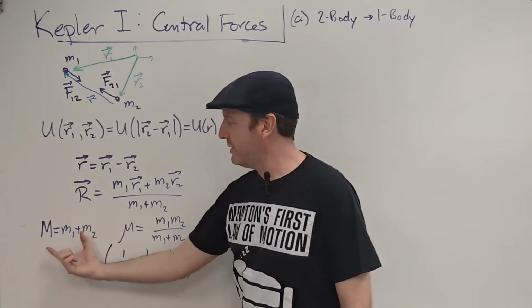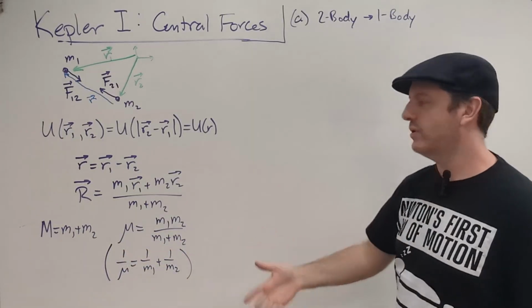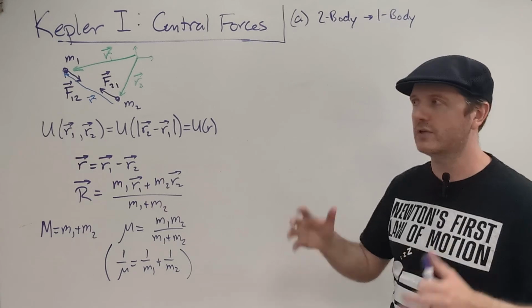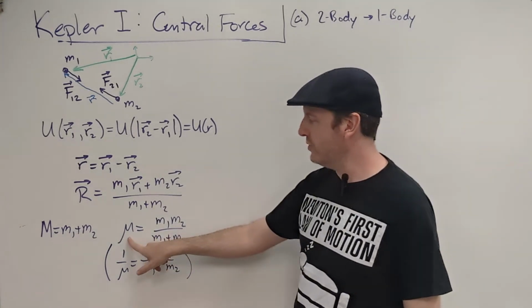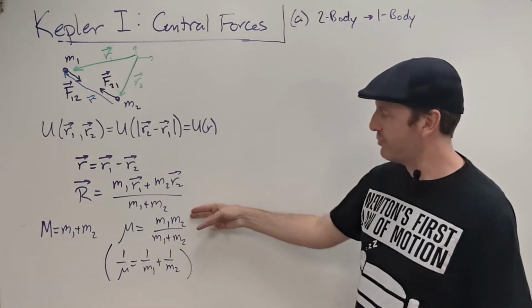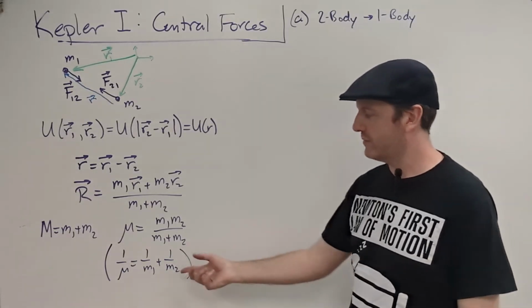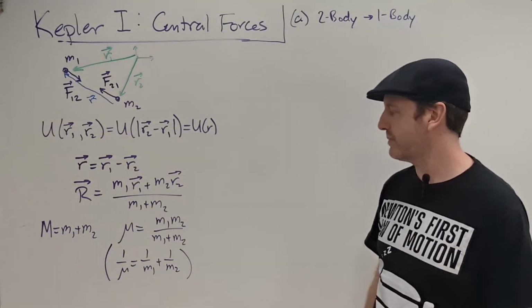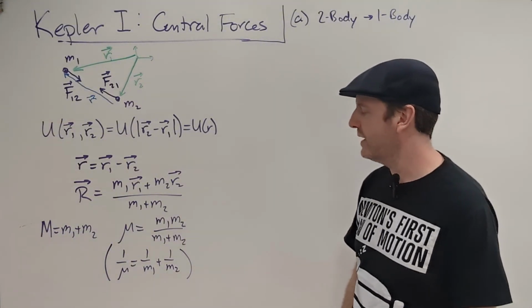We'll also introduce a couple other terms. So this capital M, I'll just call that m1 plus 2. It's the total mass of the system, so the total mass. And then this mu is the product divided by the sum, or said another way, the reciprocal of mu is the sum of the reciprocals of the masses, so their harmonic sum.